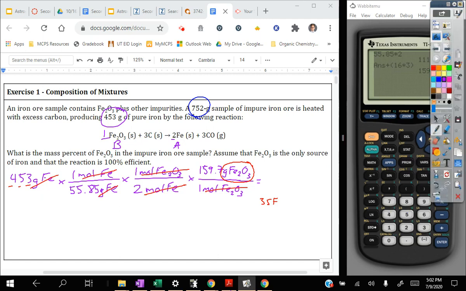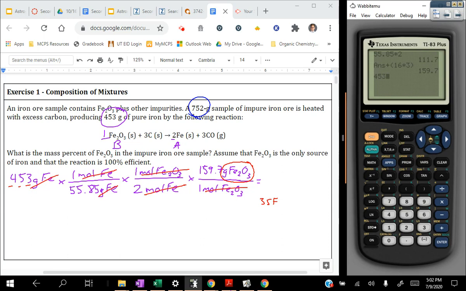So 453 times the top of the first fraction divided by the bottom of the first fraction times the top of the second fraction divided by the bottom of the second fraction times the top of the third fraction divided by the bottom fraction.